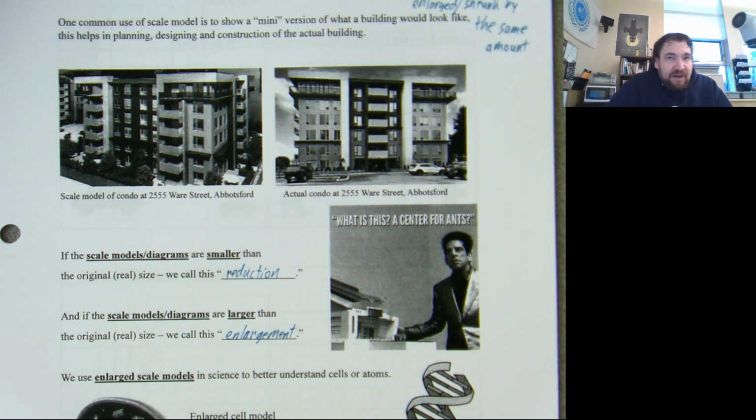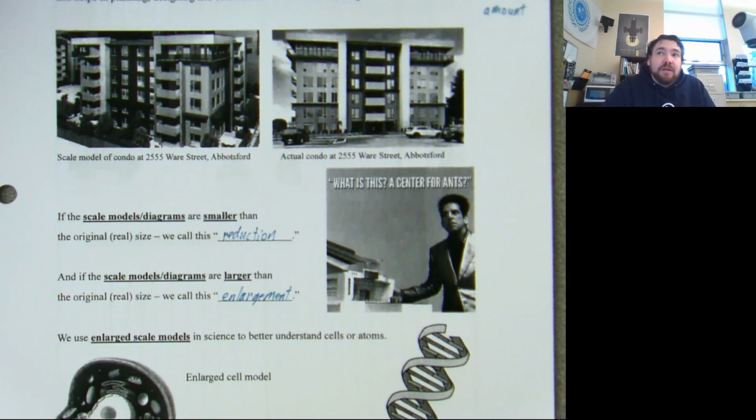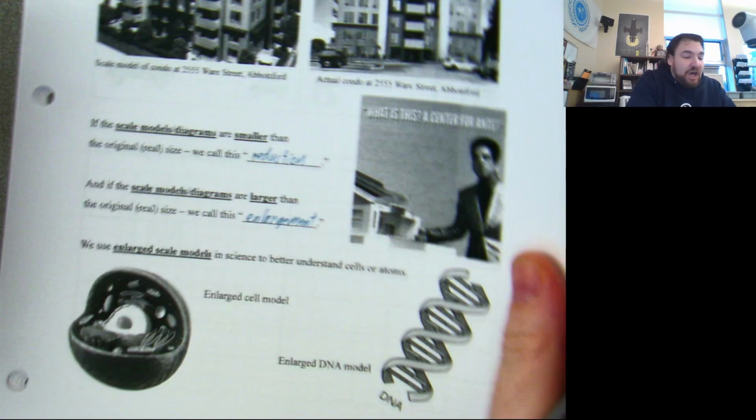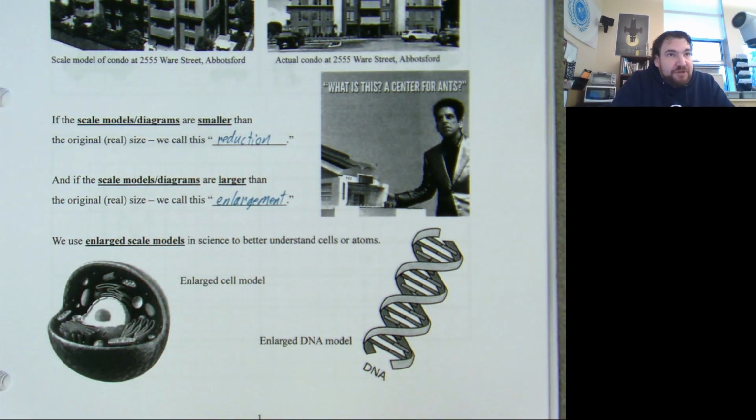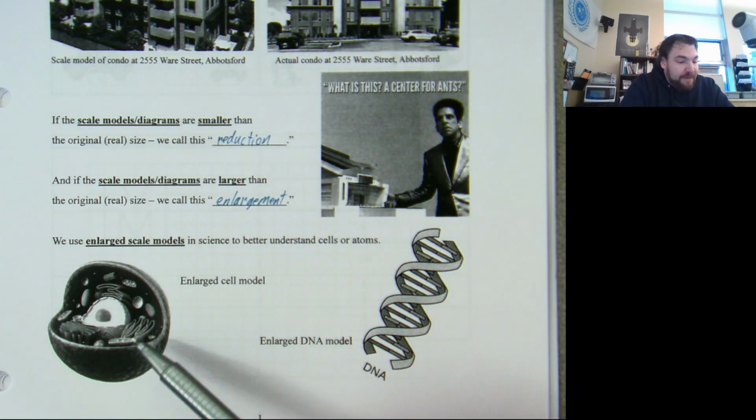So enlargements often happen in science because if you have science next semester, a lot of the stuff that you guys are going to look at is going to be much smaller in real life than is useful to study. Things like cells. That is an animal cell. They are not this big, obviously, because you would see them growing out of you.